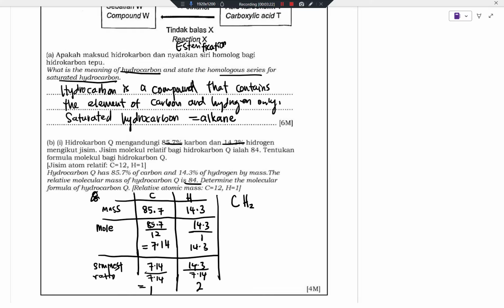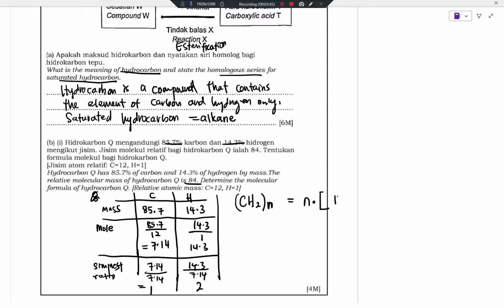But then we want the molecular formula, so you put n multiplies, not like this. CH2 is the empirical formula. So this is the molecular formula, multiply by what? So you open the bracket.